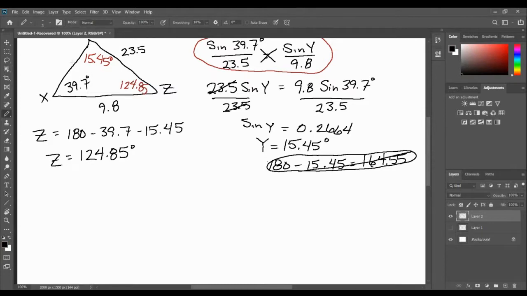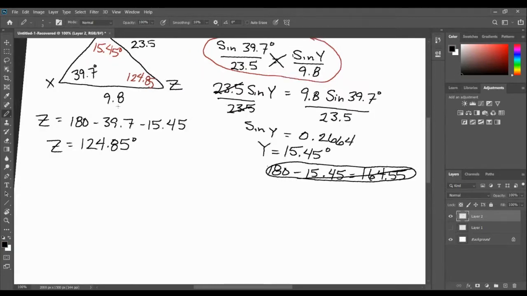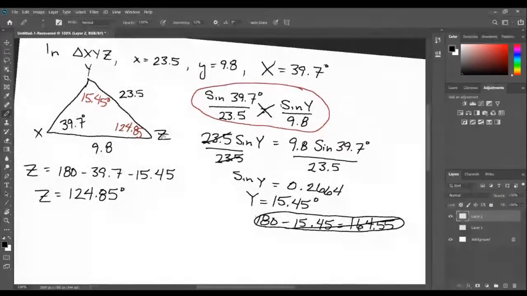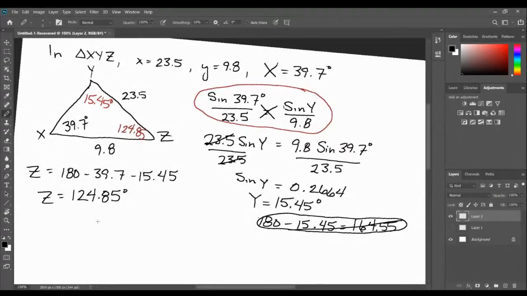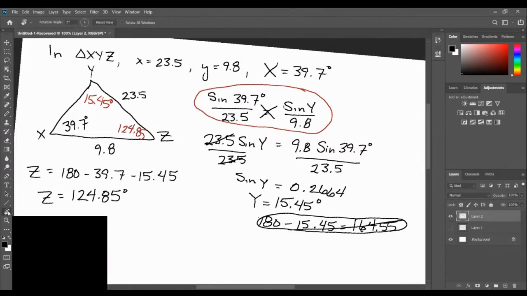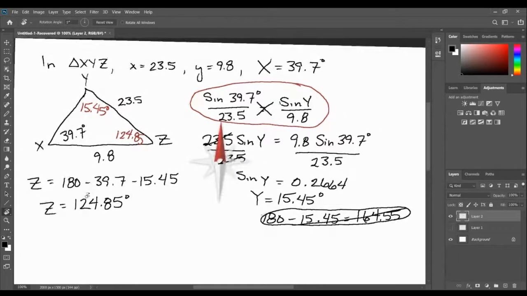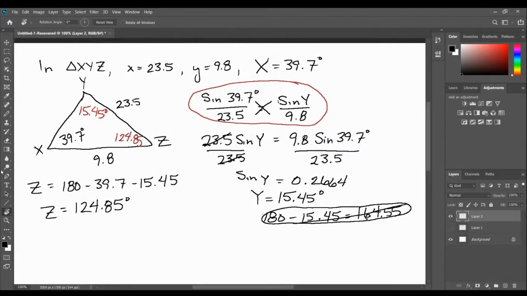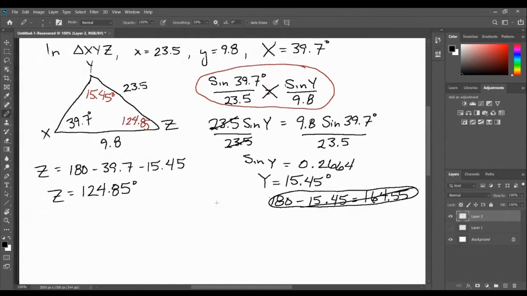Okay. So now the only side we're missing is side Z. And so I could use law of sines again. Now I'm going to go back to the givens. I'd rather go back to that as often as I can and not try to use my calculations. So I'll go ahead and do, again, sine of 39.7.